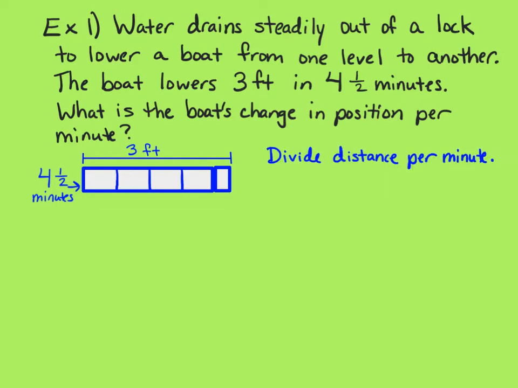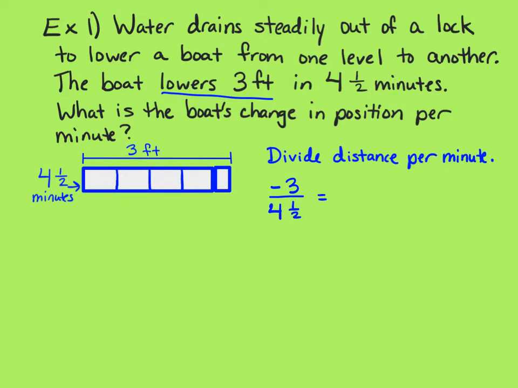Here it would make sense to divide the distance by the minutes. We have a distance of 3 feet. We saw that it lowered 3 feet, so we would say -3. And there were 4.5 minutes total for those 3 feet. So when we divide, we'll find out what it is for 1 minute.